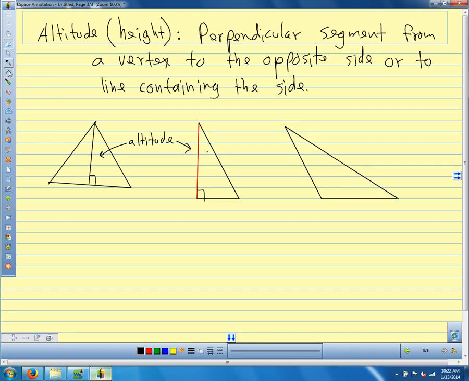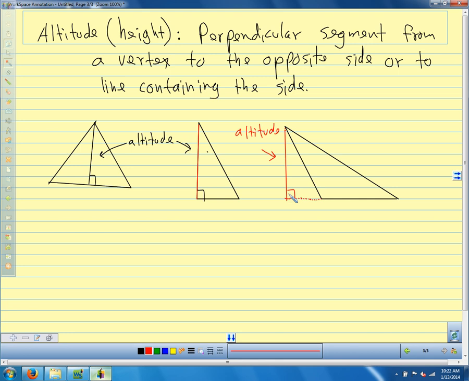To find the altitude here I have to extend this side out to go 90 degrees there. So this is an altitude. So that's why we had to put that or, because with an obtuse triangle I have to extend the side to find the altitude.